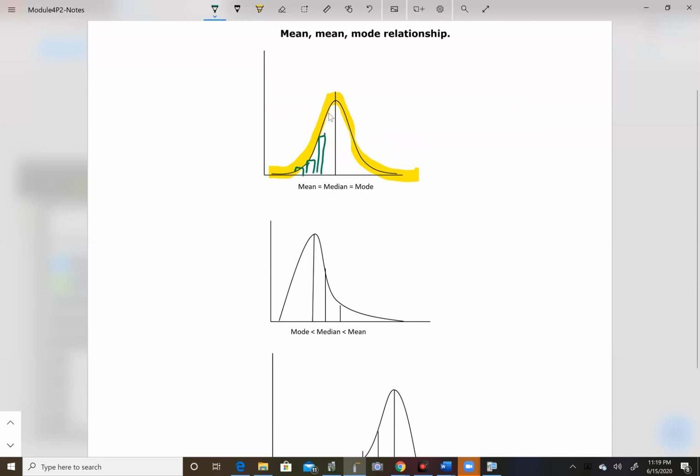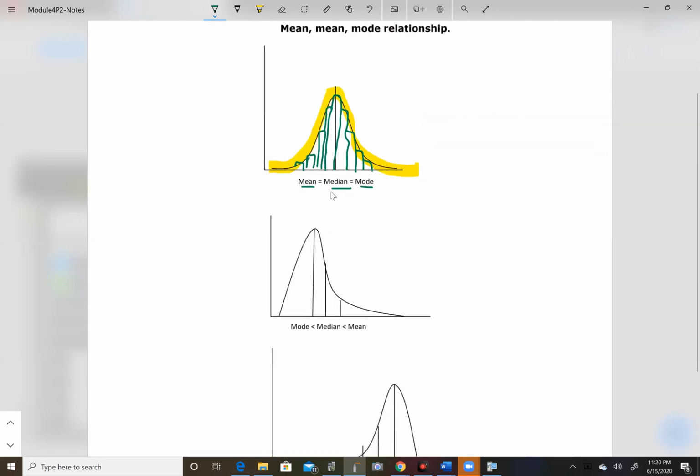If you have had calculus, you'll remember that a curve is just a bunch of histogram bins underneath it, okay? In a normal bell curve, the mean and the median and the mode are all equal to each other. That's what makes a normal curve, okay?